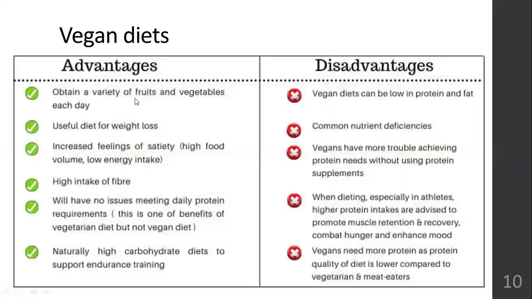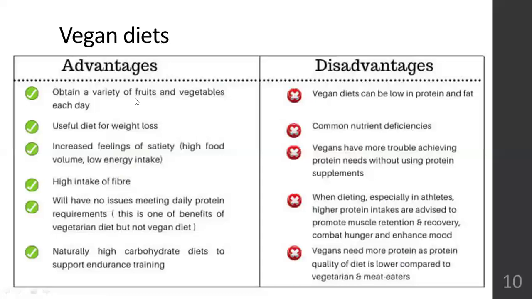Of the advantages, you get access to a lot of fruits and vegetables on a daily basis. It is useful for weight loss. It increases the feeling of satiety because there is high food volume and low energy. There is high intake of fiber as well.